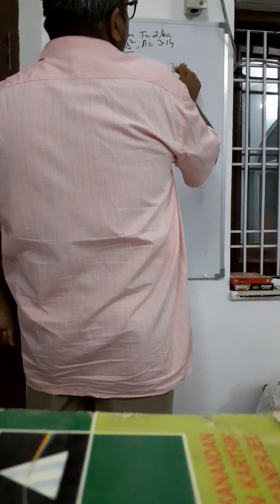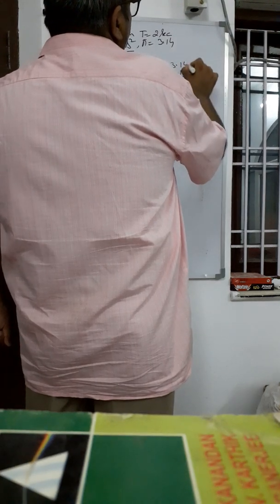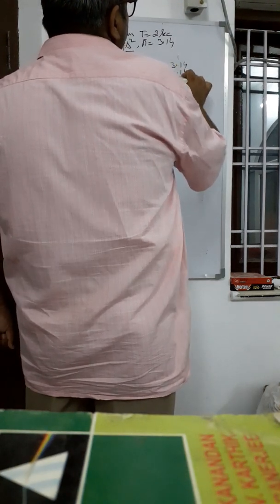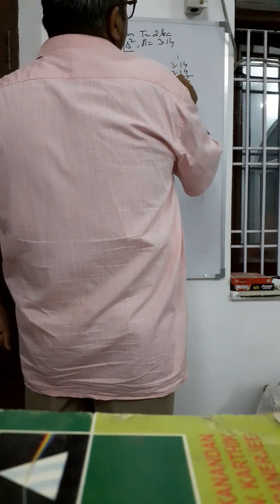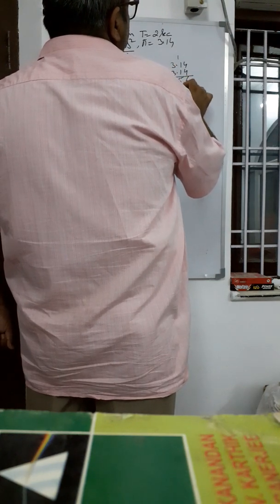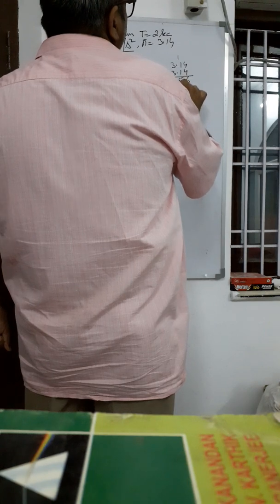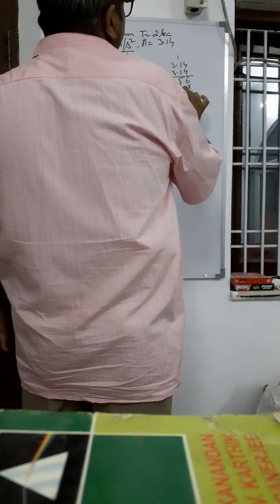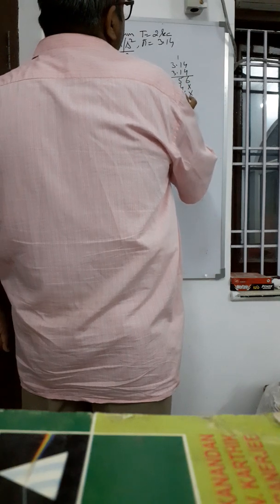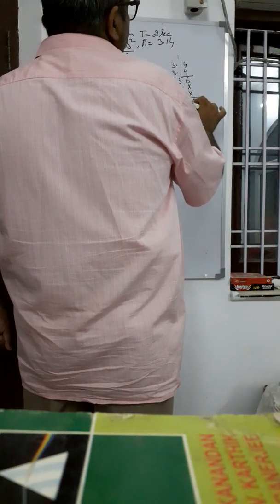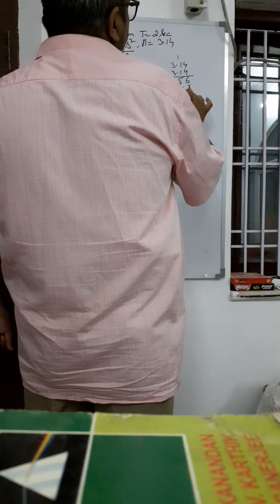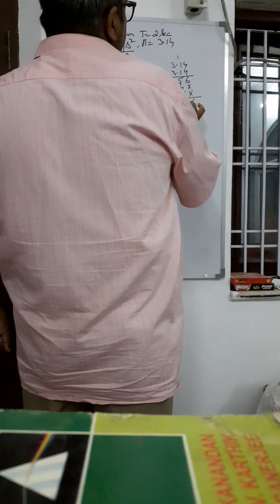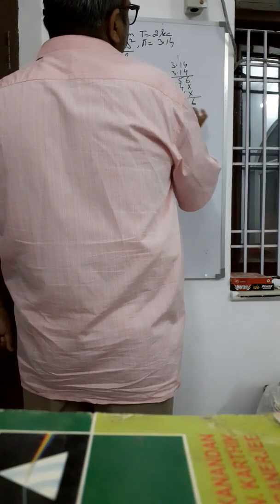Don't use calculator. 4, 4, 16, carry over 1, 4 with the 5, 4, 3 are 12. 4, 1, 3, 3, 4 are 12, 3 and 3, 3 are 9. 6, 9, 5, 7 and 9.